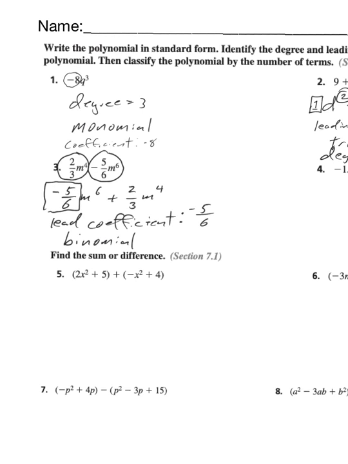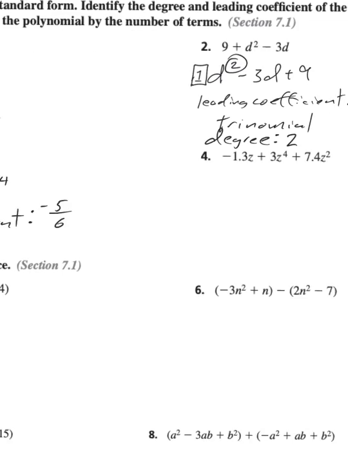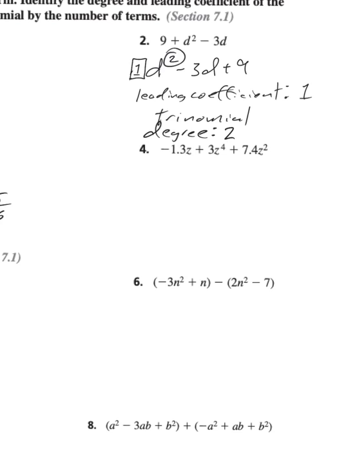Two terms, binomial. How many terms in this next one? Do you see it? There's 1, 2, 3 terms, right? So this would be a trinomial. I guess I'm doing these all out of order, and it looks like I already made an error here. Okay. Trinomial.